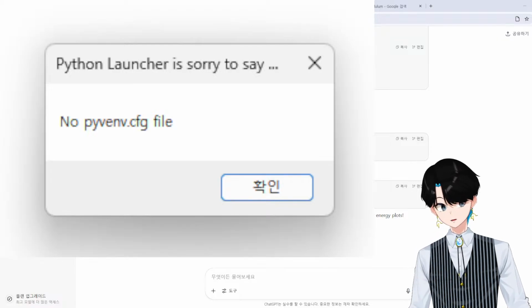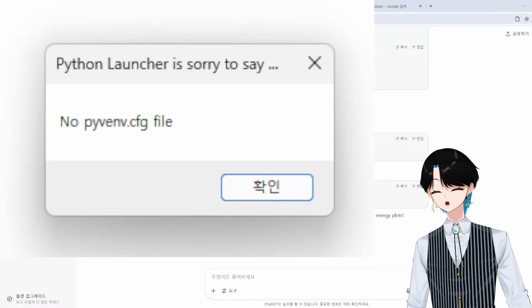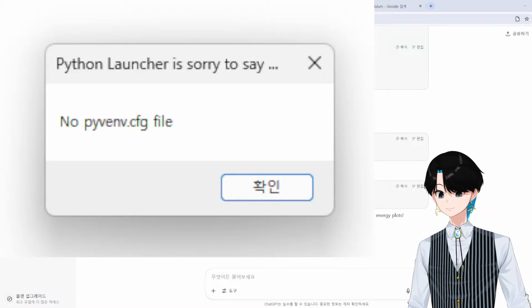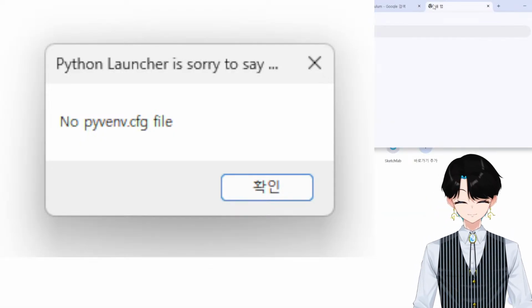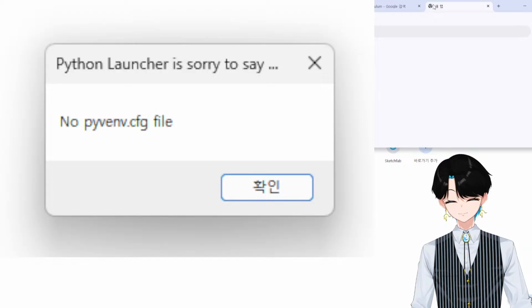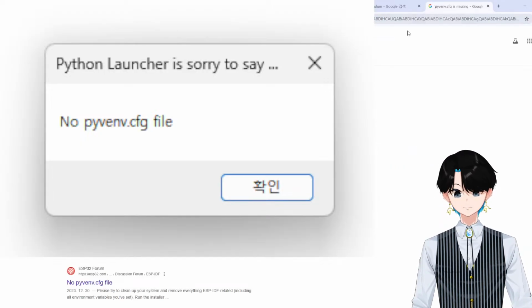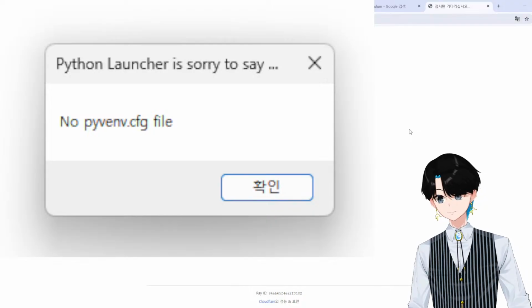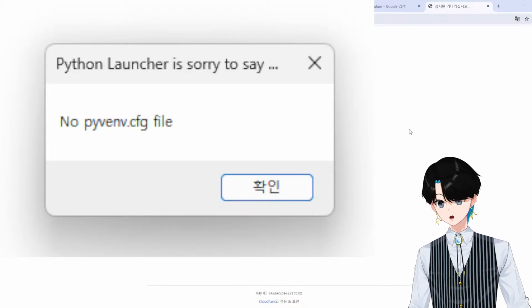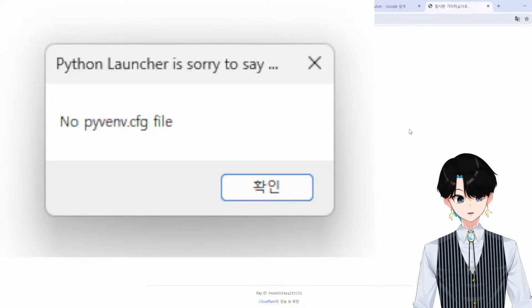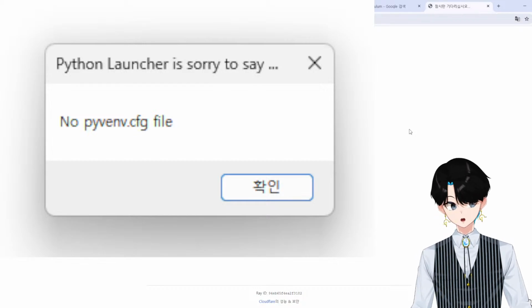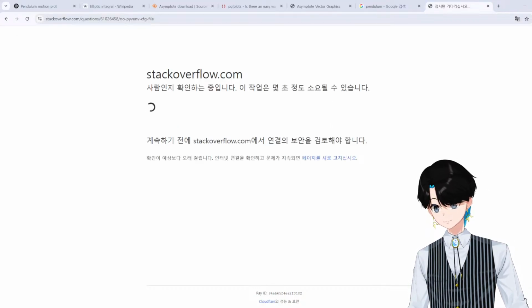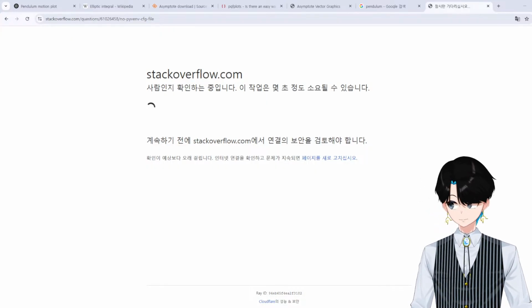Just like Minecraft, everything has a launcher. pyvenv.cfg is missing. Oh god. Goodness gracious. It's going to be an epic stream. Look at this right here.